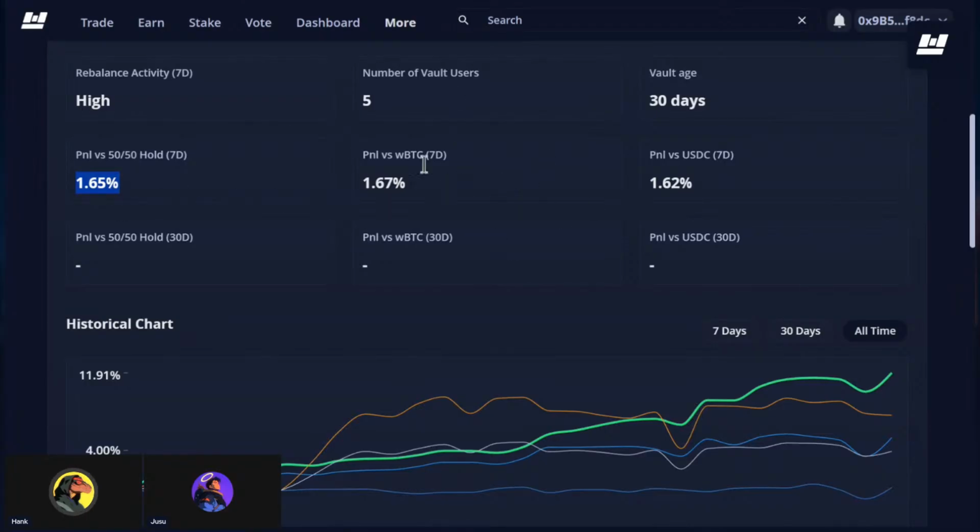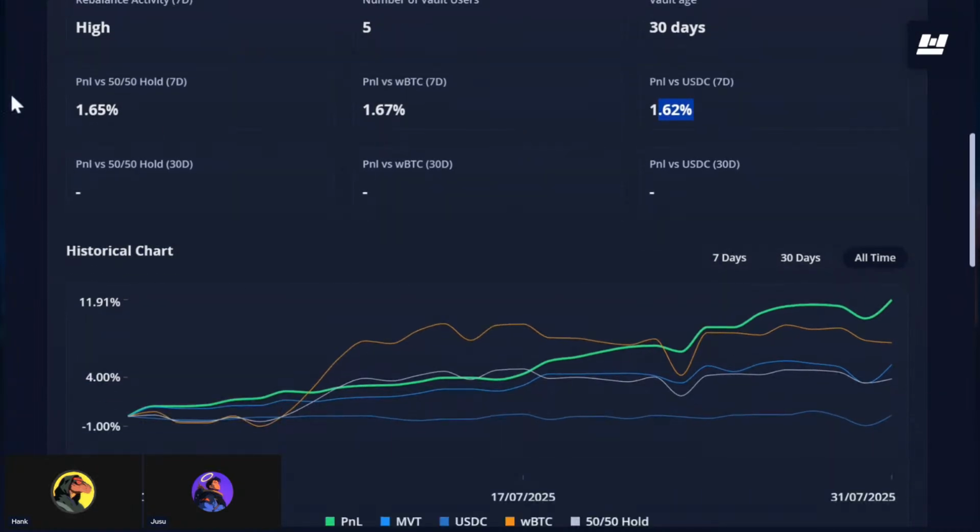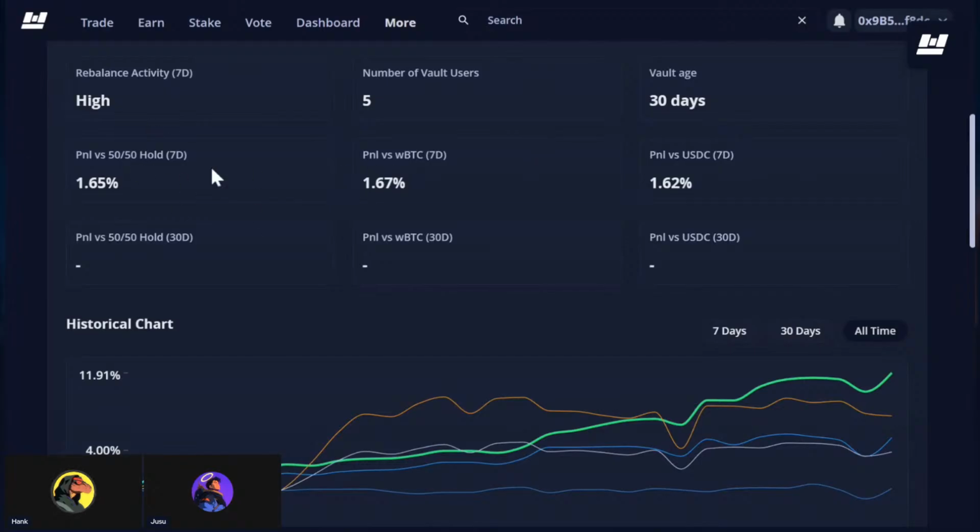And then you have also the P&L against Bitcoin only, holding 100% in Bitcoin, or holding 100% in USDC. And what is really nice to see here is that it is outperforming all three. This is really rare. It's rather difficult to get that you're outperforming no matter what.